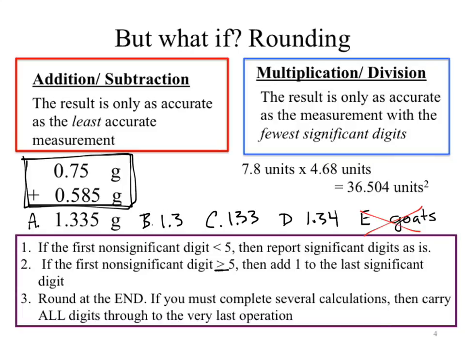So we'd have to go back to our question and ask, what operation did we do? We added. According to our significant digit rules, how many digits are we allowed to carry through when we add? Based on the least accurate, which happens to be our first one, that hundredths place.